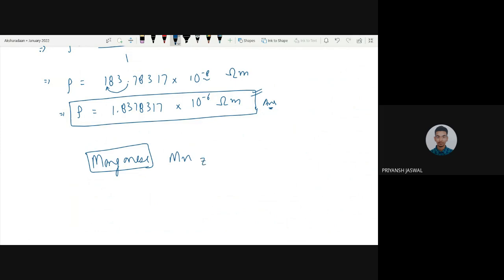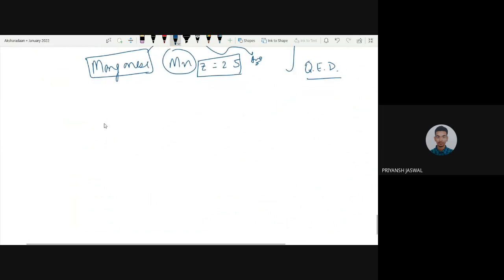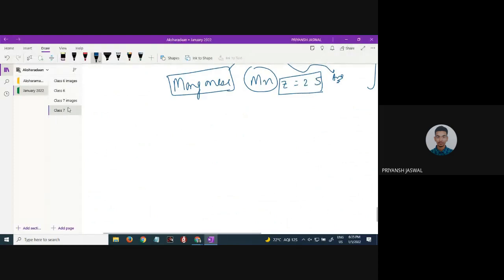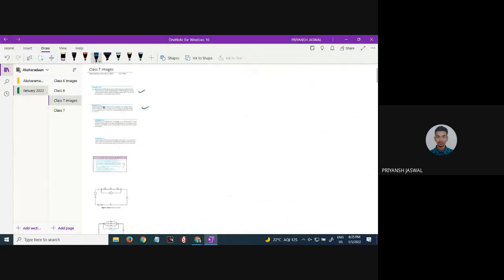The atomic number is 25. Let's move on to the next question.